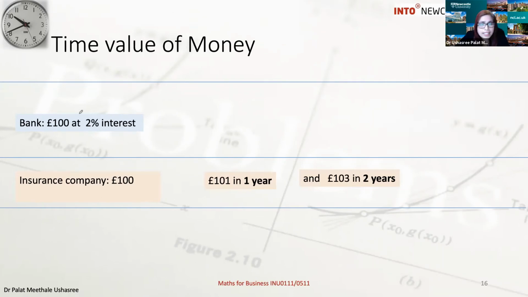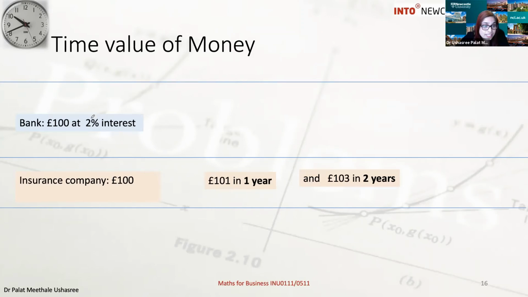At a glance, you will obviously say, I will go for this larger amount because 103 is bigger than £100. But then you will be thinking, this is only after 2 years. Is there something I'm missing? Actually, yes. You will be missing out the 2%.